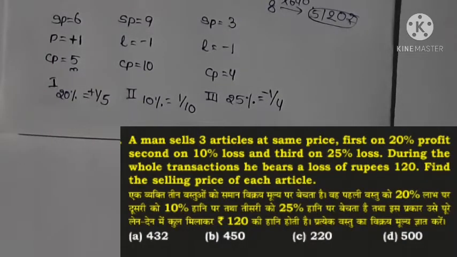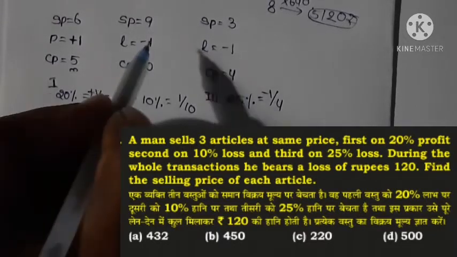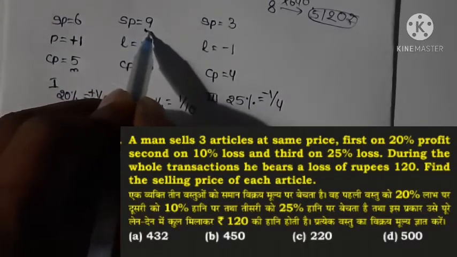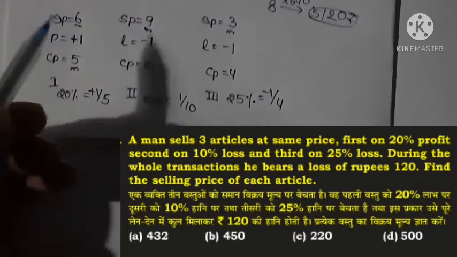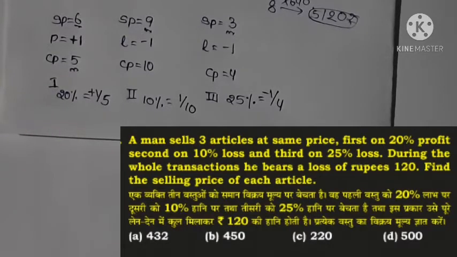The man sells 3 articles at the same price. So here the selling price is 9, here the selling price is 3, here the selling price is 6. So the selling price of each article is the same.